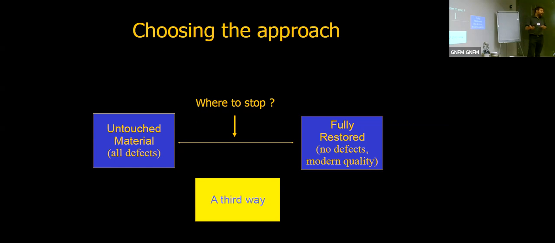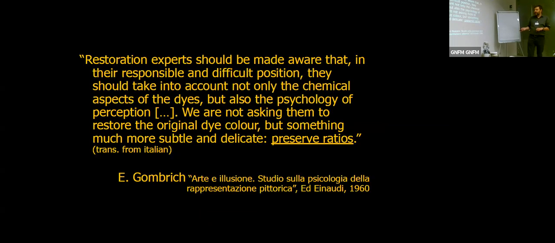Of course, I don't know if that has any sense. But between those two points, there's a huge amount of possible points in which you can stop. But in every single step, the leading idea is saving the original content and the original support. But in many cases, this cannot be possible.